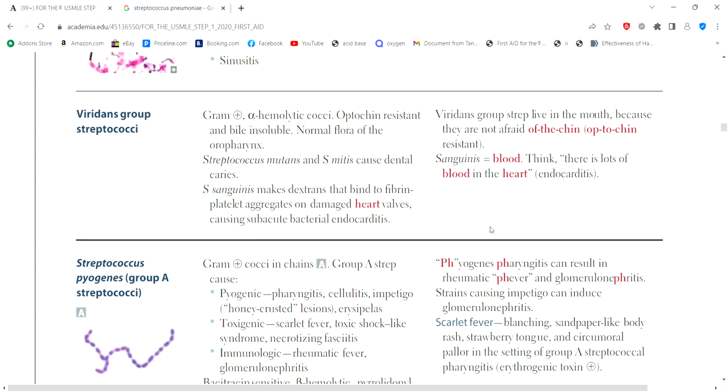Streptococcus sanguinis is what causes subacute bacterial endocarditis. Viridans group strep lives in the mouth because they are not afraid of the chin. This is just a way to remember that. Sanguinis means blood. Think there's a lot of blood on the heart. Causes endocarditis.